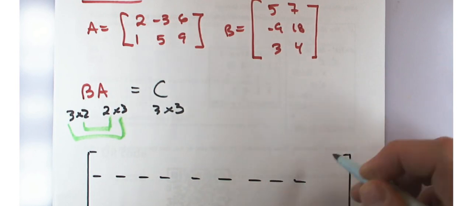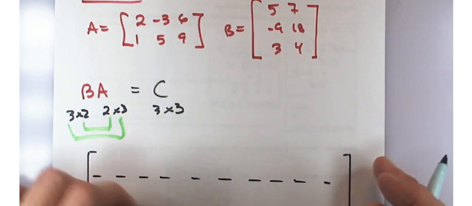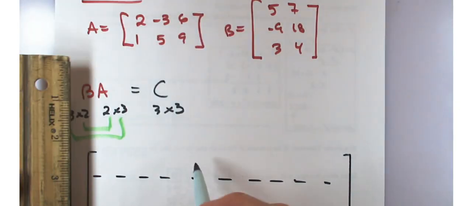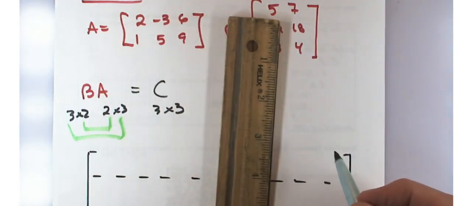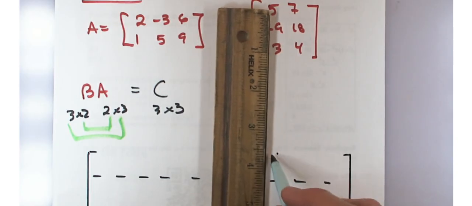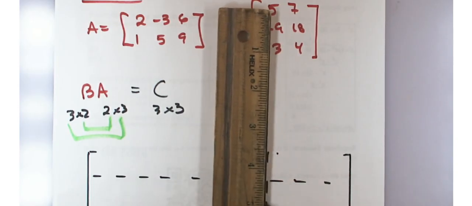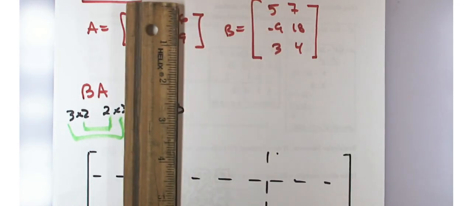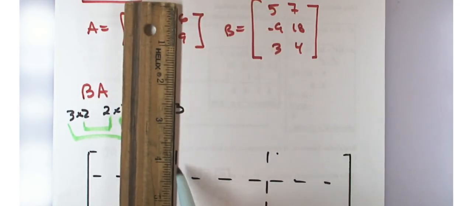But I want to make this a grid that's 3 by 3, so I need to split it up in a couple places. Here, about here is maybe good, and maybe here. So that's going to be a 3 by 3 matrix.